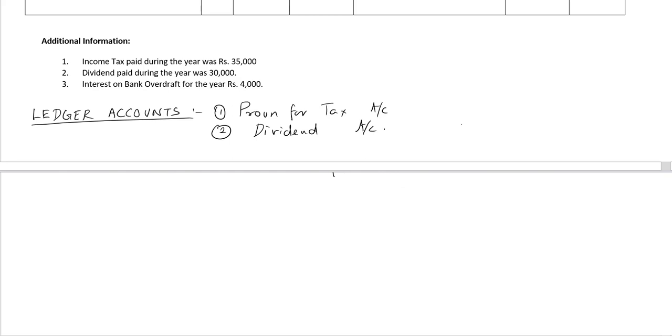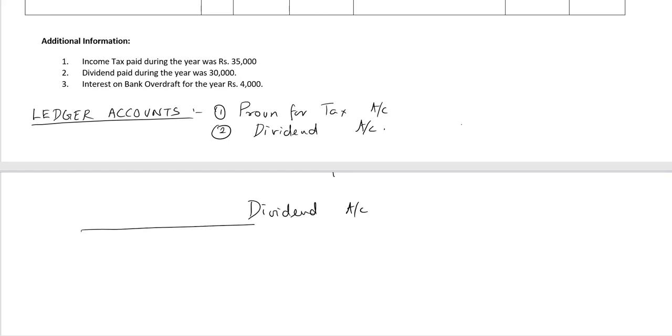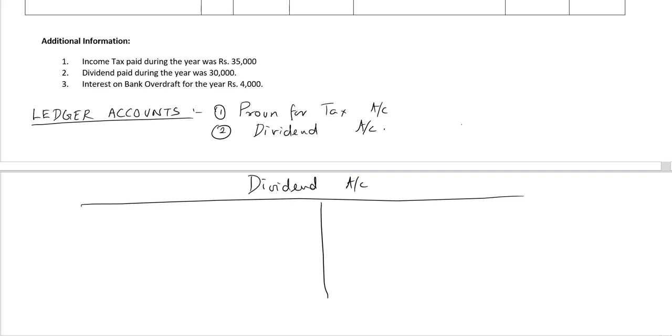Let's move on to dividend account. Now again, as per additional information 2, the dividend paid during the year was rupees 30,000. So to bank account for the dividend paid, 30,000.